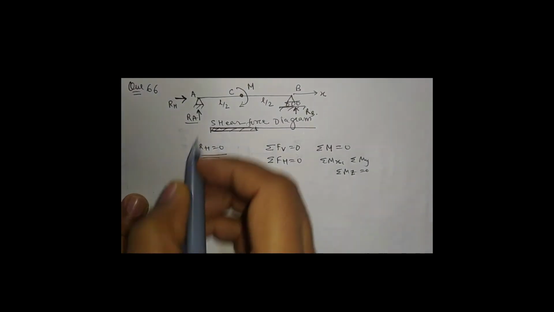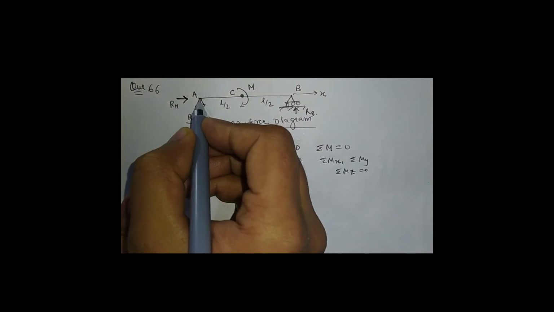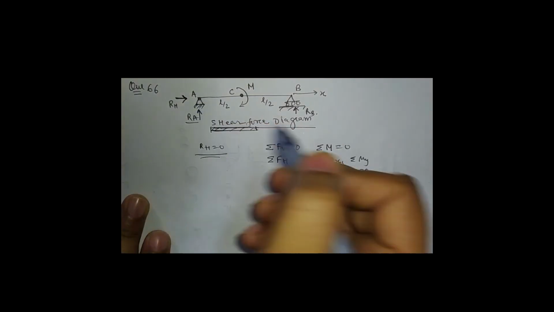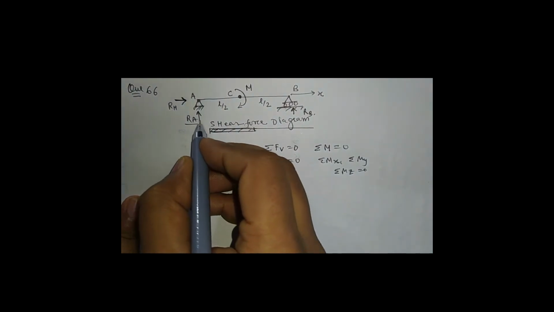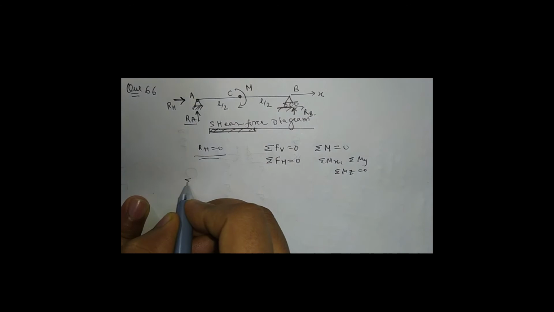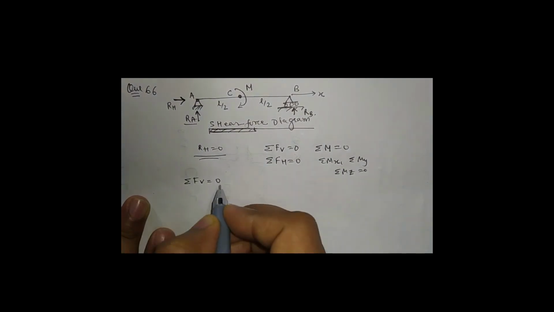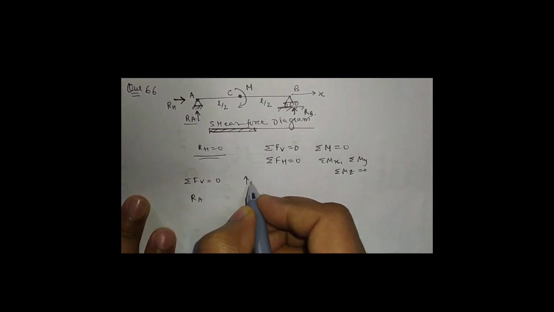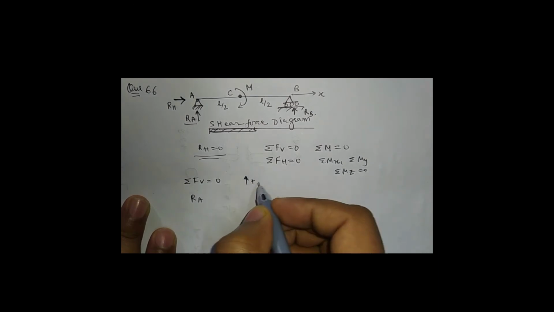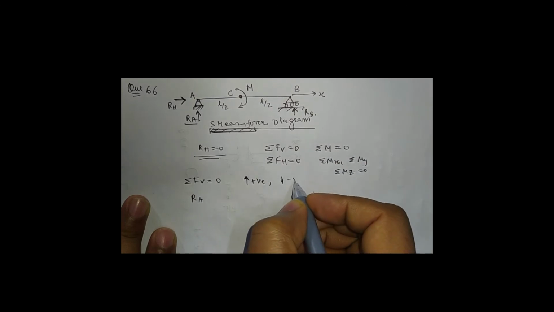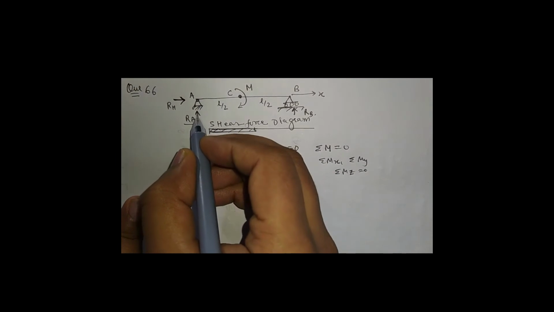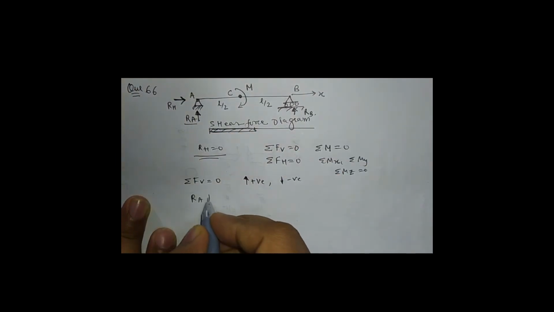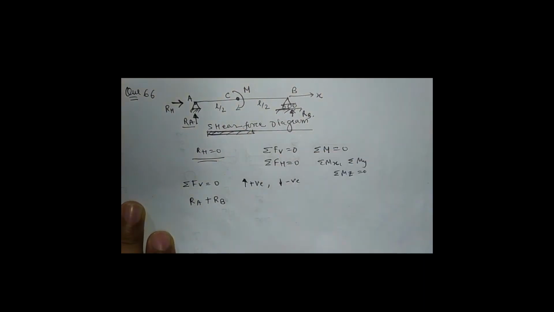As a hinge cannot react to any moment, first we have to find the reactions at the supports. We are using summation of forces in the vertical direction is 0. We consider the direction of the force in the positive y-axis as positive and downward as negative. We assume two forces RA and RB in positive direction, RA plus RB, there are no other forces acting, so equal to 0.